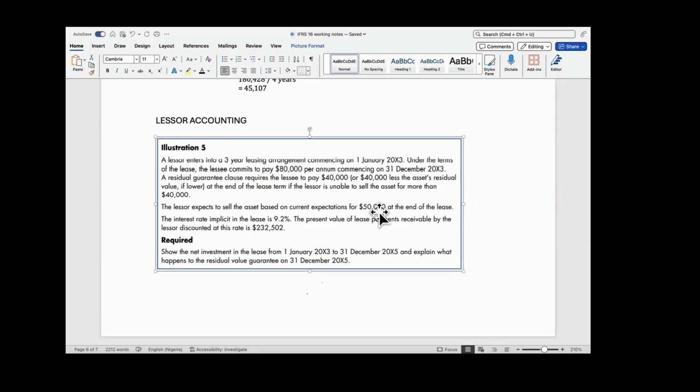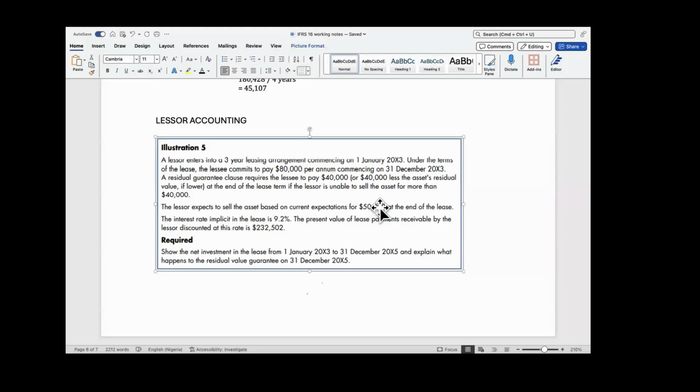That therefore means that the residual value guarantee is 40, and there is now an unguaranteed residual value of 10,000. Since the lessor believes he can sell it for 50, out of this 50, the lessee has guaranteed 40. Don't worry, I'll give you 40. So the remaining 10 is unguaranteed.